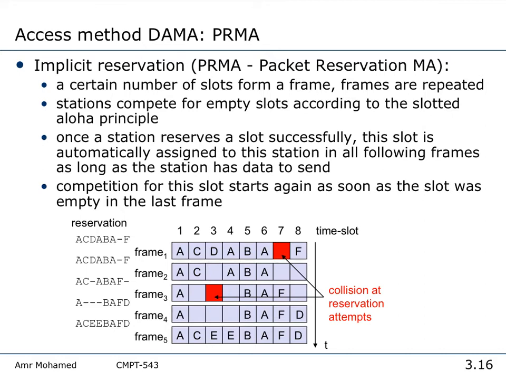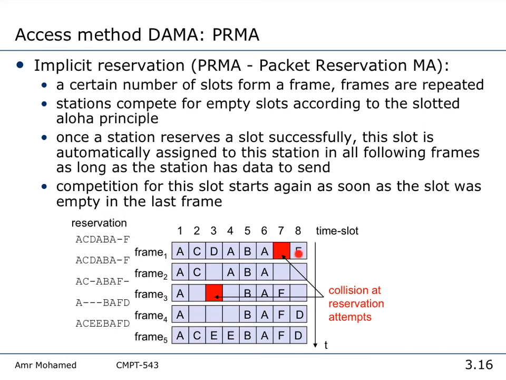Once I send successfully, then the access point will label this time slot as node A. That's it. So node A will keep sending on this time slot until it has no further data to send. Then it does not send. When it does not send, the access point will put this time slot in the pool of available time slots.